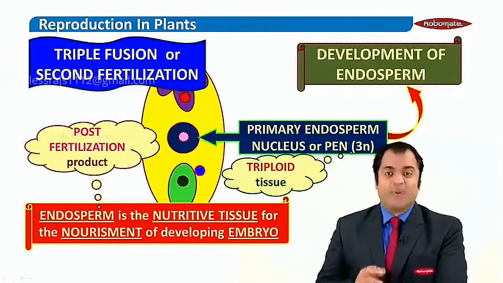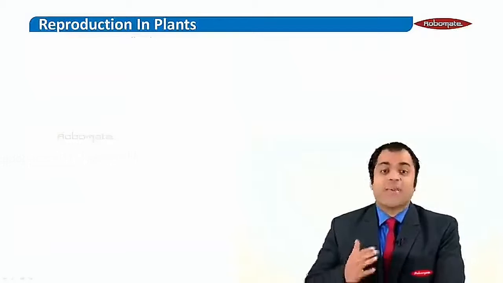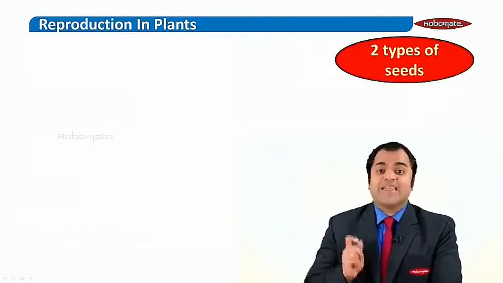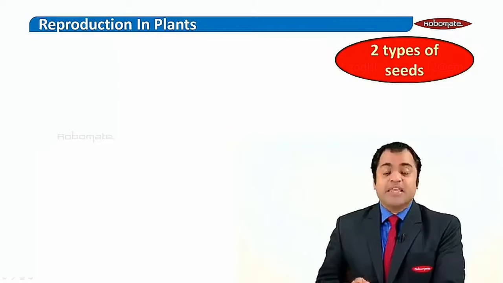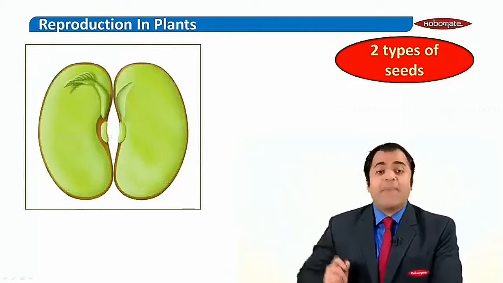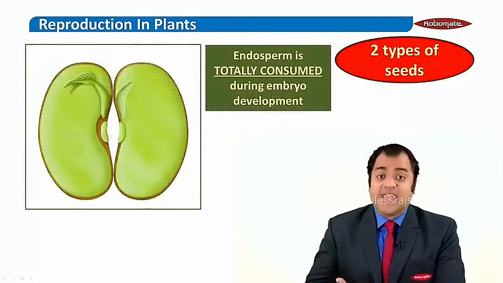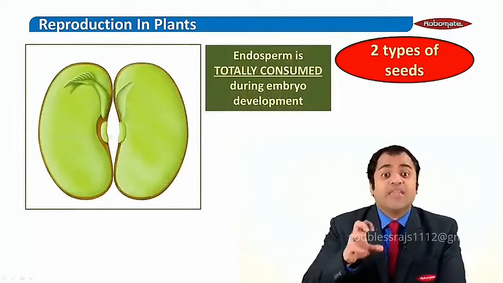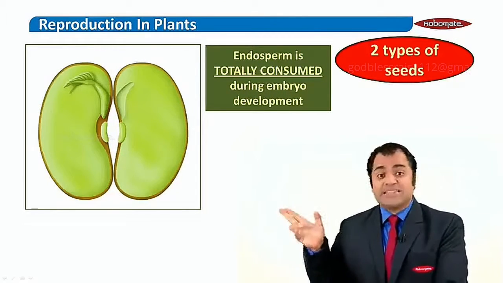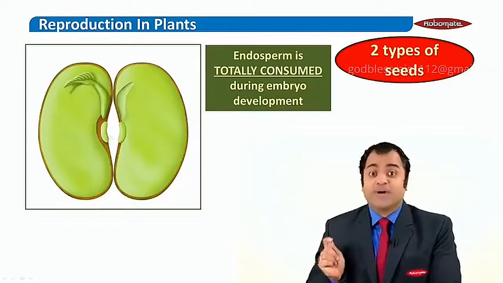Now, based on presence or absence of endosperm, there are two types of seeds that we see in angiosperms. The first type of seed, as you can see in this picture, is one where the endosperm is totally consumed during embryo development, which means what you actually see here is not endosperm but cotyledon.